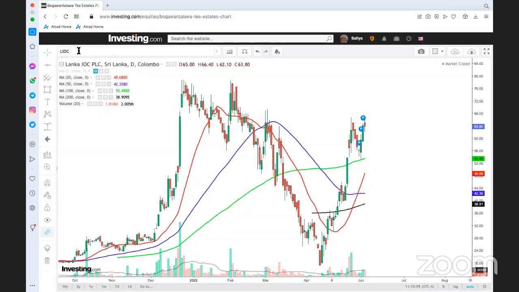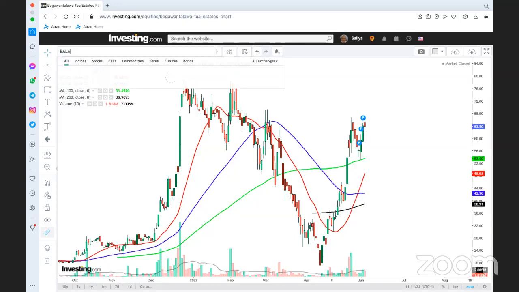Thereafter, I went and searched for the plantation companies, because apart from LIOC and the other main counters, or the most popular counters, which I covered just now, the plantations are the ones which were active. So let's take Balangoda.